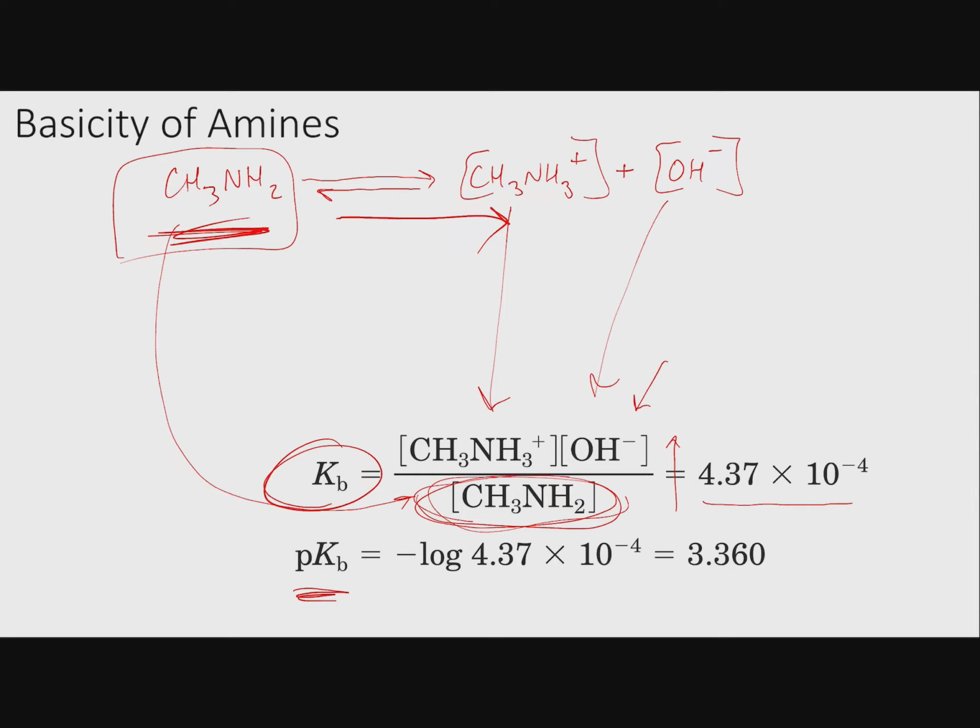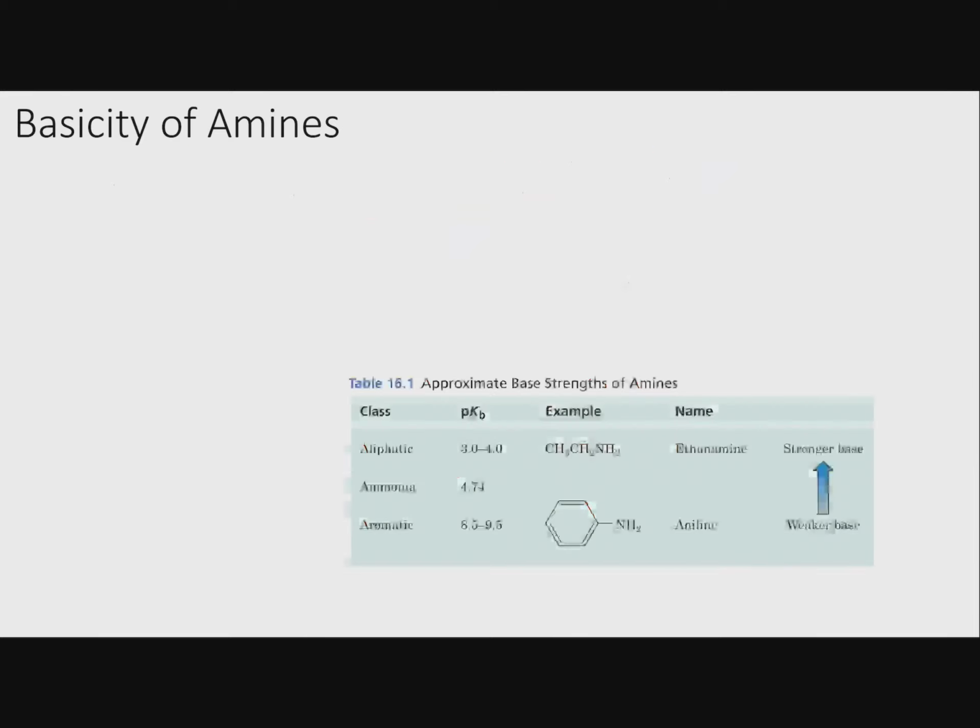The lower the number, the stronger the base. The higher the number, the weaker the base. I might have that backwards. Let me see if I can find that out here. Okay, yeah, I have it right here. Boom. So you can see as the number gets smaller, there are stronger bases, and bigger numbers are weaker bases.